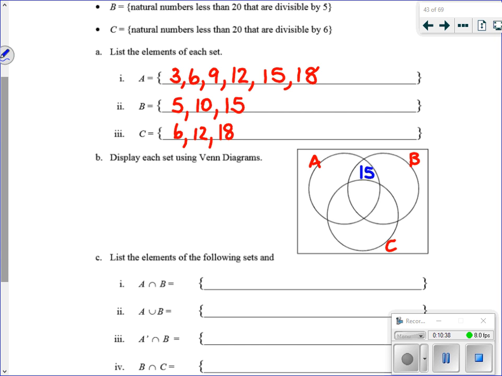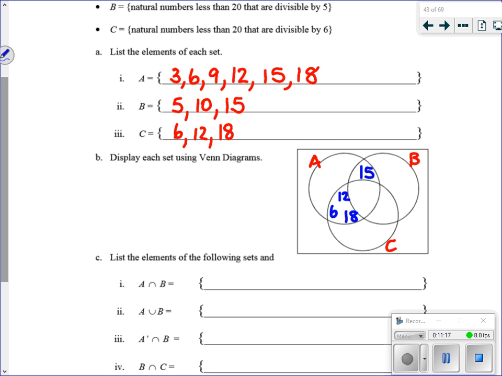What digits would be elements of set A and set C? 6 is one. 12 is one. 18 is one. Good, I hope you got them. What digits are elements of both set B and set C? There are none.